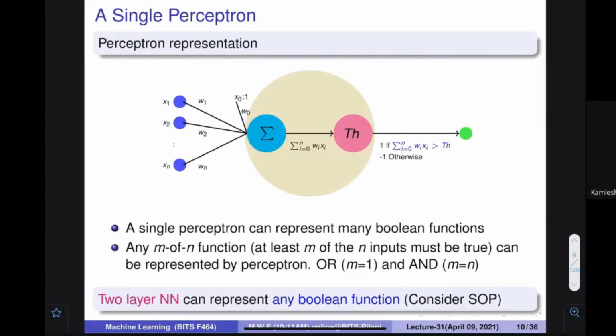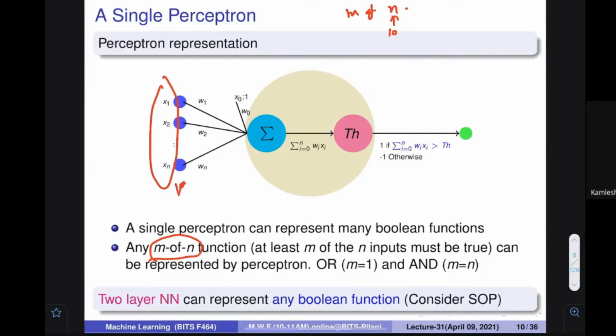In fact, it can represent any m of n function. What does an m of n function mean? You know that there are n inputs. Let's assume the number of inputs is 10, so 10 values are provided.